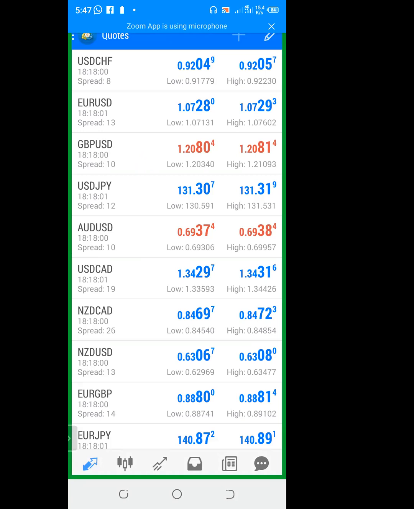Good. You can see we have a list of the currency pairs. So you two can go to the page where we have the list of different currency pairs.